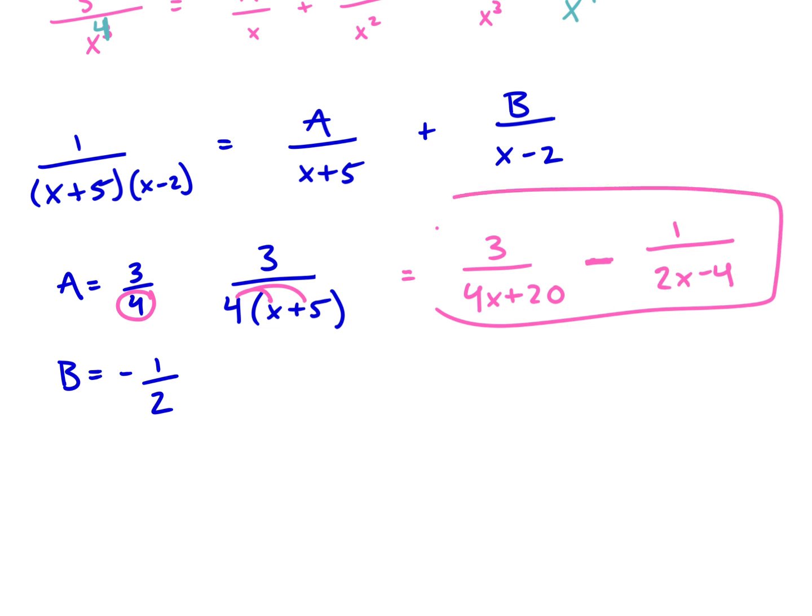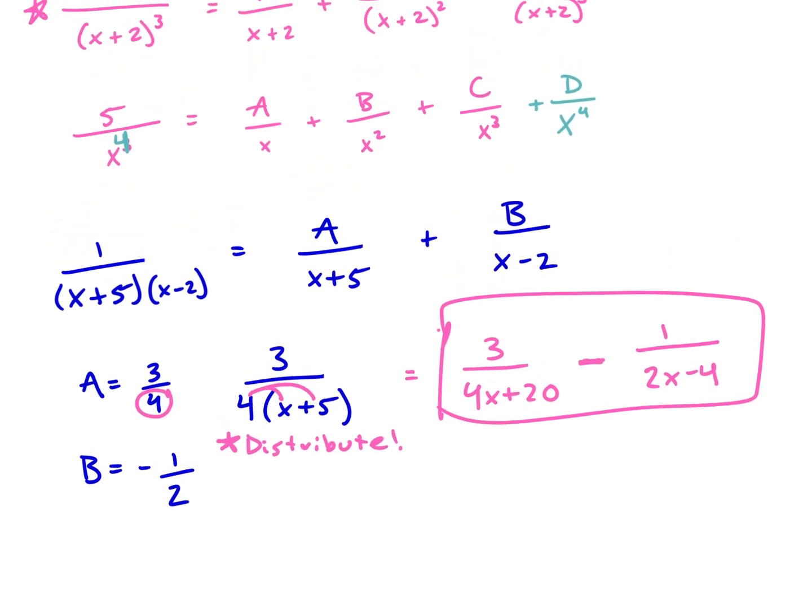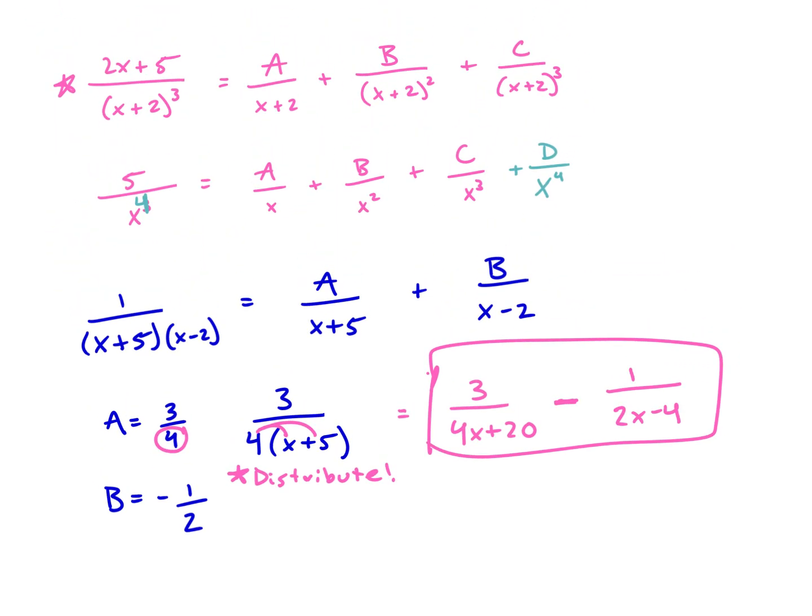The homework is pretty particular with how it wants the answer. If you have a fraction, the numerator of the fraction is going to go in the numerator, the denominator is going to go in your denominator, but you need to distribute. And make sure you pay attention to the directions on the question.